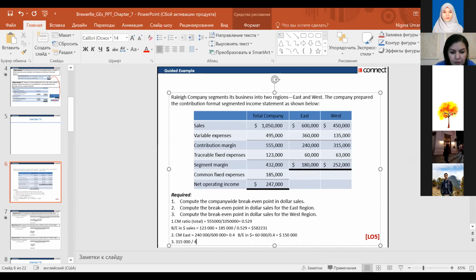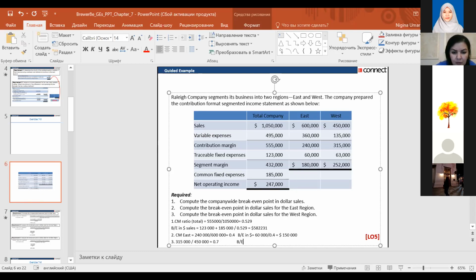Very good. 450,000 sales revenue. 0.7. Yeah, very good. 0.7 contribution margin ratio. And then the break-even. Now break-even in dollar sales.